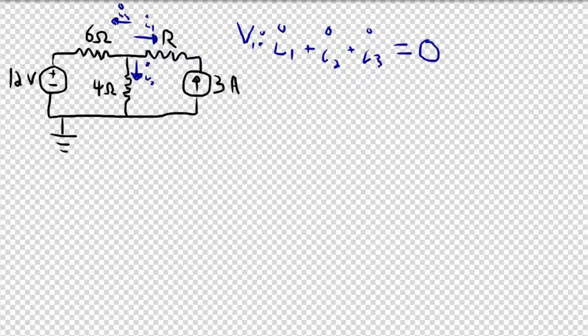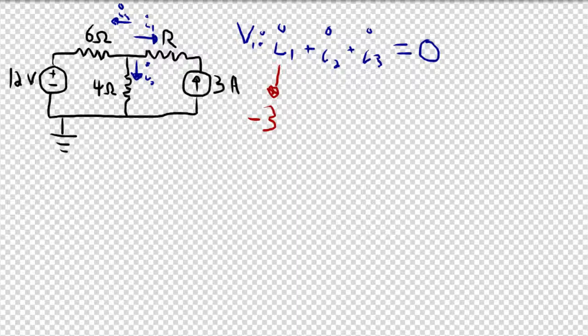How fancy-dancy for us. I1 is equal to 3 amps, but it's not actually equal to 3 amps because, as you can see, this is going into the node, but we want current exiting the node, so it's actually negative 3 amps.